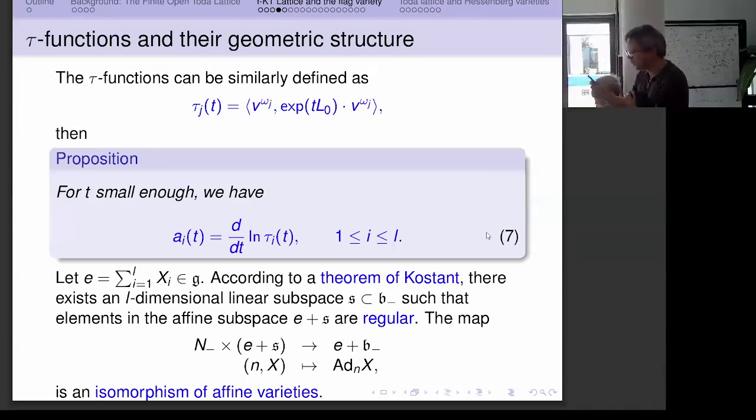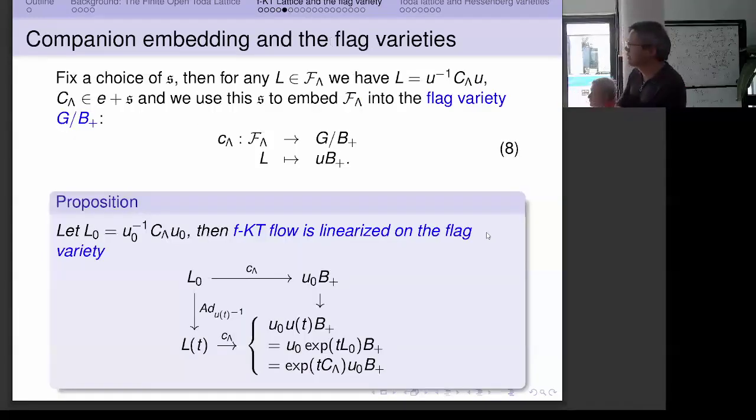Okay. So since we fixed this Chevalley invariance, the dimension of this isospectral variety is the same dimension of the nilpotent part. Right. So we cook up this map. This map says, okay, for each L in isospectral variety, I have a unique lower unipotent matrix to conjugate to this normal form C lambda.